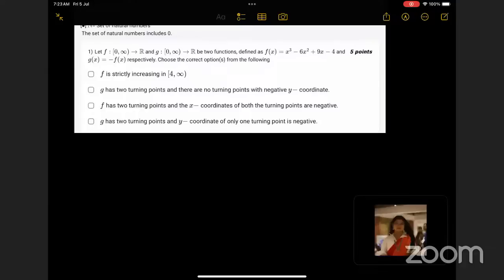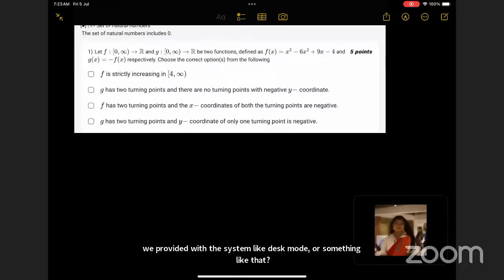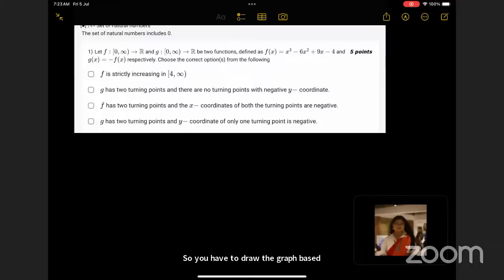Are we provided with graphing tools in the examination, ma'am, like Desmos or something like that? No, you have to draw the graph based on the function which is given.